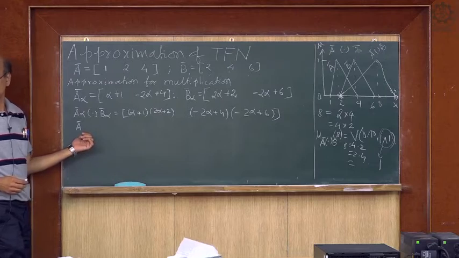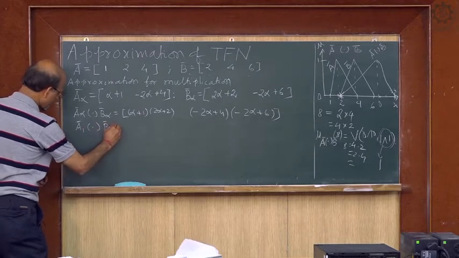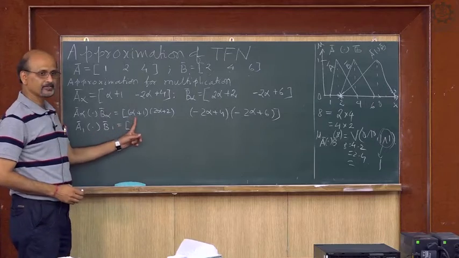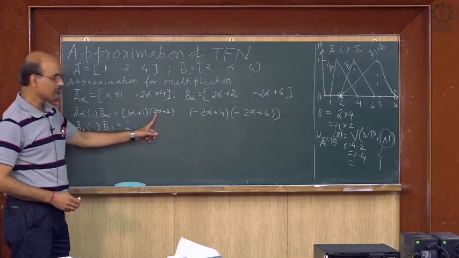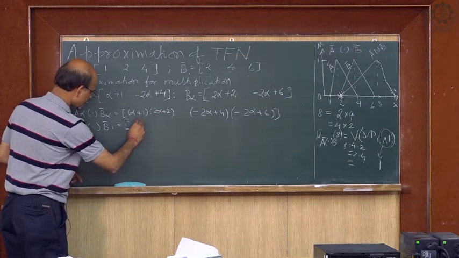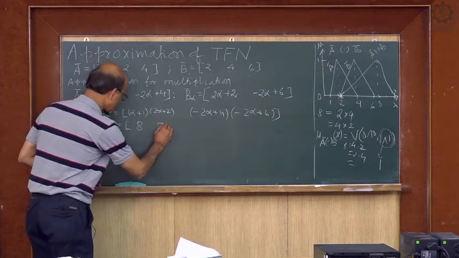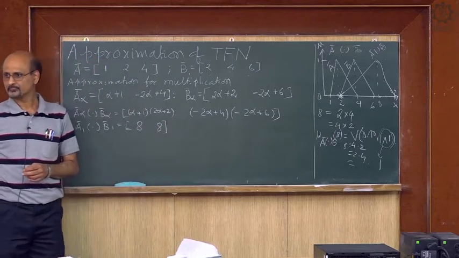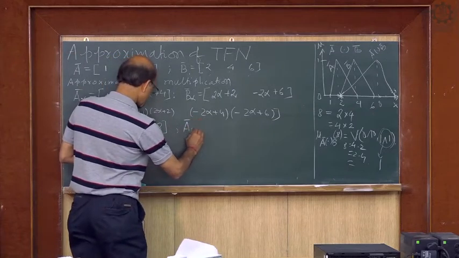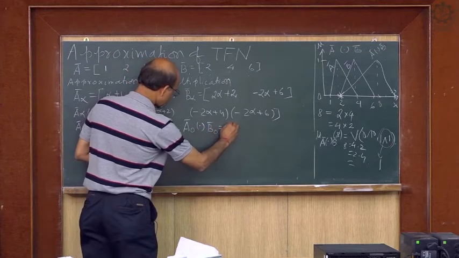For alpha equal to 1 and alpha equal to 0, we will get A bar 1 into B bar 1. What we will get? For 1, it is 1 plus 1, 2 and 4. So it will be 8. Similarly, if you put alpha equal to 1 here, you will again get 8. Okay? And A bar 0, for alpha equal to 0, what you will get?